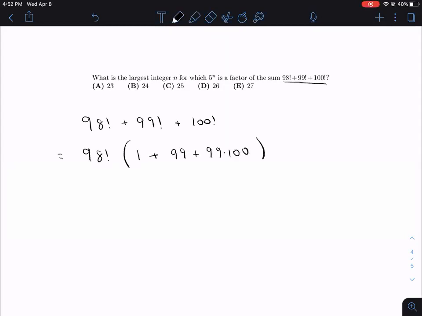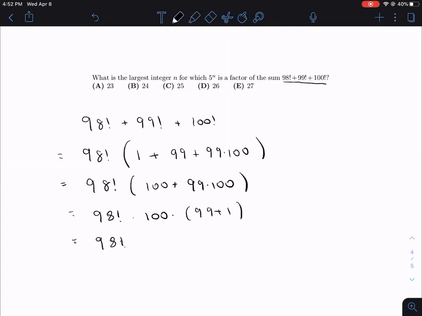Okay, so we'll do Legendre's later. Let's simplify this value in parentheses first. So this is 98 factorial times 100, and by factoring this again, we get times 100 times 100.